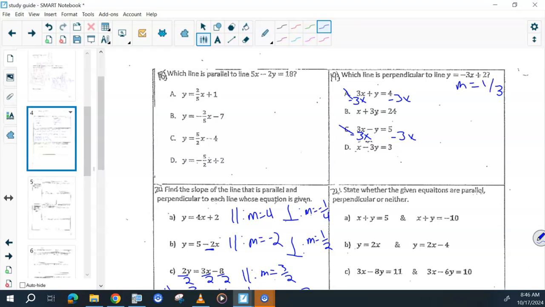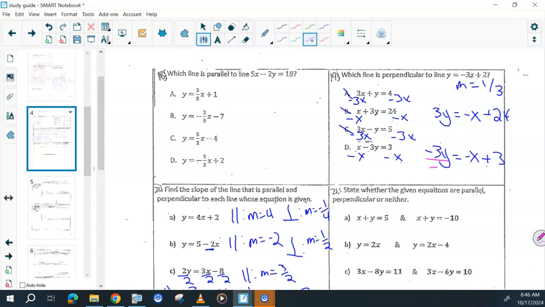So it's going to be B or D. So in what I have so far, if I were to divide B by 3, I'd end up with a negative. So it can't be B, it would have to be D. So that slope becomes positive 1/3.